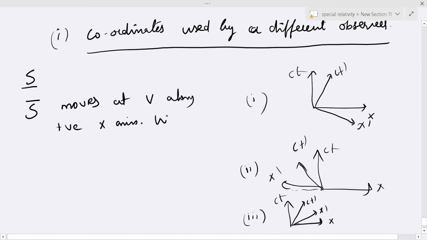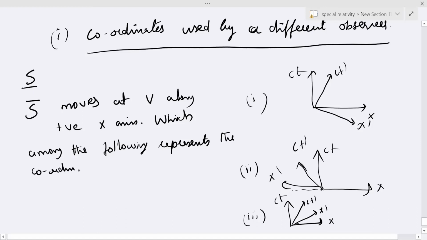Which among the following represents the coordinates of S prime, let's say in the frame S?